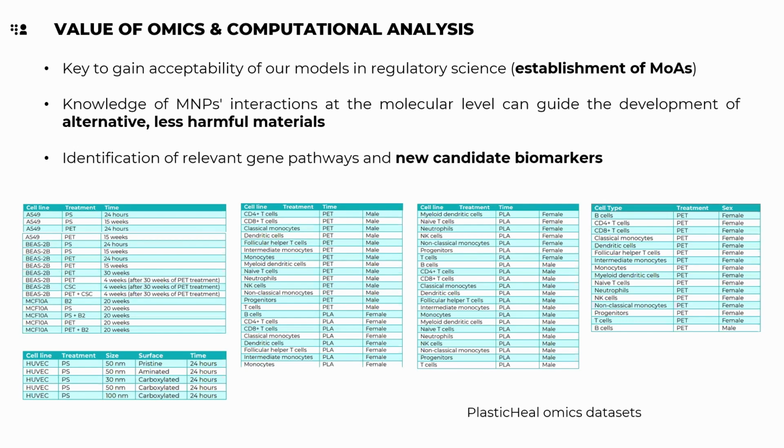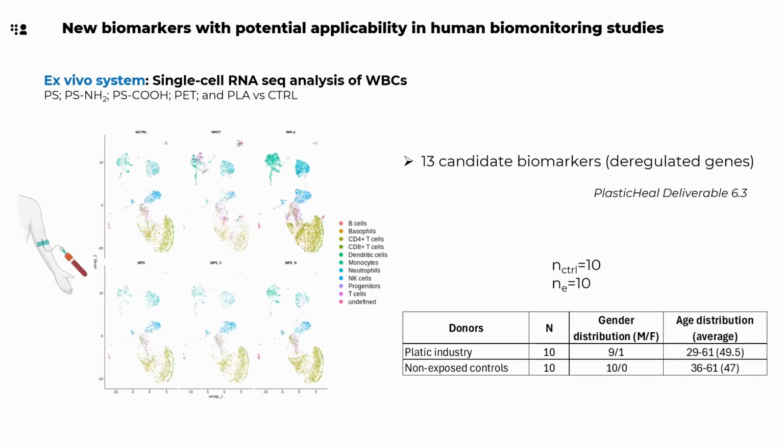So one thing that we did with this data set is to ask the system, can we find some biomarkers with potential applicability to human biomonitoring? Can we find other, new biomarkers? And for that, we set several criteria. One is if we want to test these markers in biomonitoring studies, they need to be present in white blood cells.